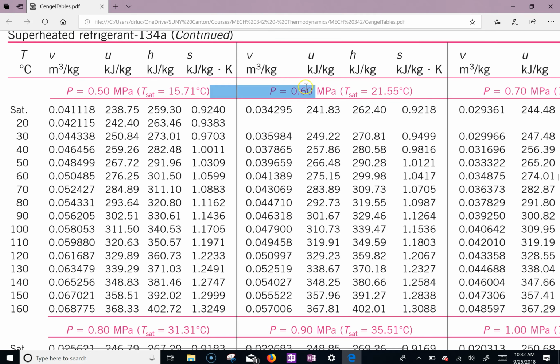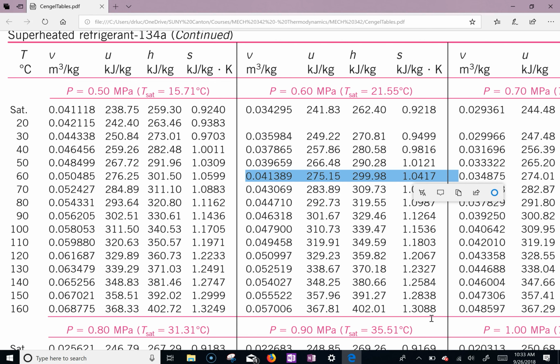So here is pressure, 0.6, and our temperature was 60. Okay. So we're right here. So our specific volume is 0.041389. Is that what I had? Yeah, 139, I just rounded. Okay. And then automatically you know your internal energy, your H, and your S.